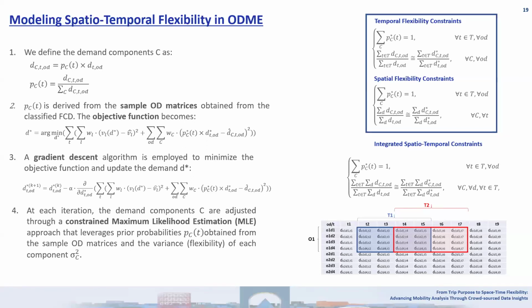We can translate this into the constraints of our maximum likelihood problem. It is the pictures at the bottom, where we can consider these constraints in terms of spatial temporal flexibility, in terms of how wide these blocks on the origin destination matrix are, and how much overlap there is in these blocks.